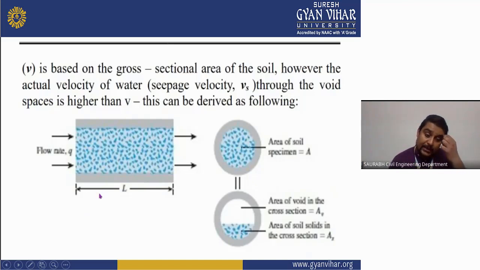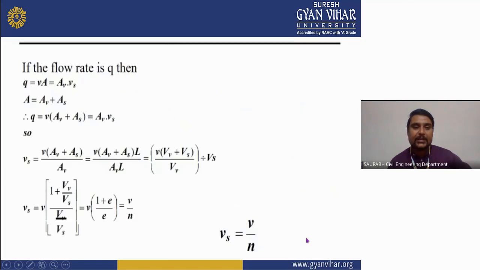We have the length of the sample here, which we assume as the distance of water flow, and that is the area of the soil specimen, shown by A, the area of void in the cross section, shown by Av, and the area of soil solid in the cross section, shown by As.